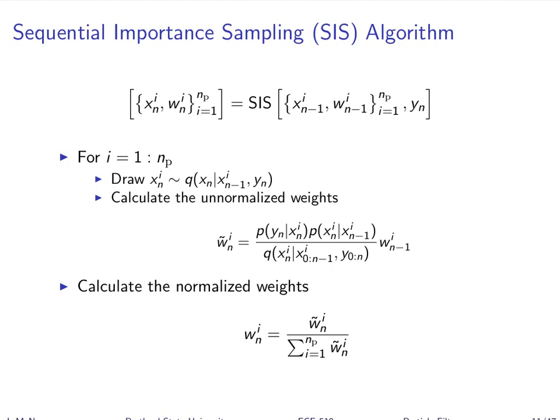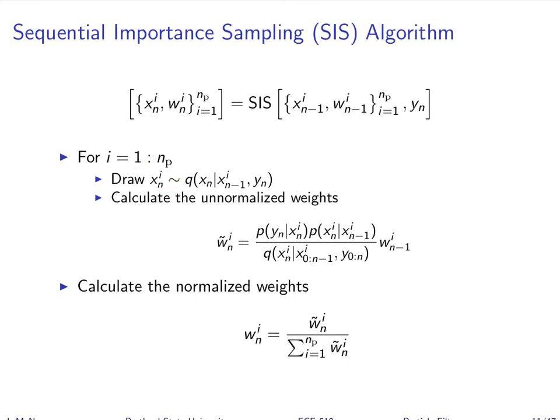This is a recursive equation, to go from knowing what your particle is at time n minus 1 for the ith particle, i equals 1 to Np, you can do it over all of them, and your weight at time n minus 1, given that you've got a measurement at time n, the way you advance that to what your particle is at time n and what your weight is at time n, it's very simple.